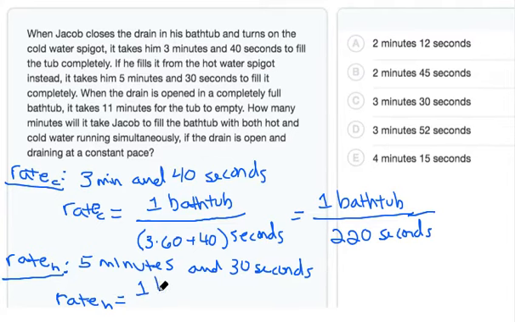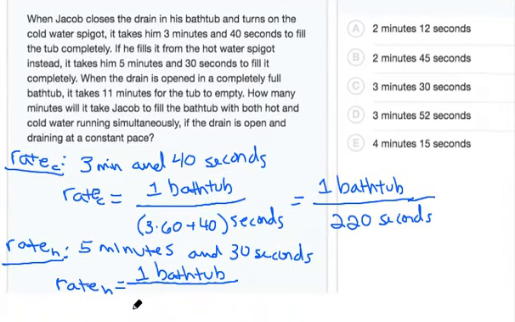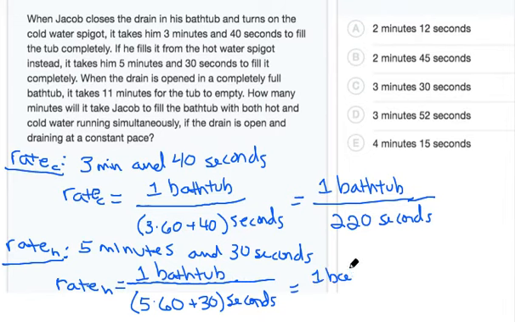So 1 bathtub, and we're going to convert everything to seconds so that it's easier for us to deal with in terms of 1 unit. For our hot water, we have 5 minutes, so 5 times 60 to convert that to seconds, plus an extra 30 seconds. Multiplying this out, we get 1 bathtub per 330 seconds.